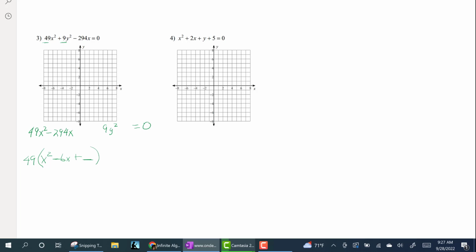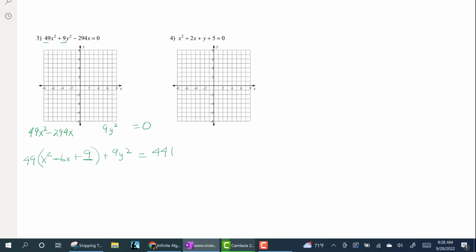But remember, whatever I put here, which is the 9, we actually have 49 times 9. So I'll just use my phone. 49 times 9 is 441. So since we're adding 441 on this side, now we have a number that we can deal with. All right. And then plus 9y squared.